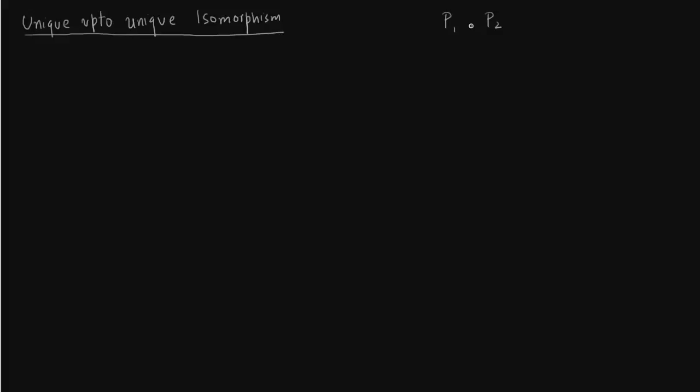So consider two terminal objects P1 and P2. Since P2 is a terminal object, we have a single arrow from X to P2. Since P1 is a terminal object, we have a single arrow from X to P1.